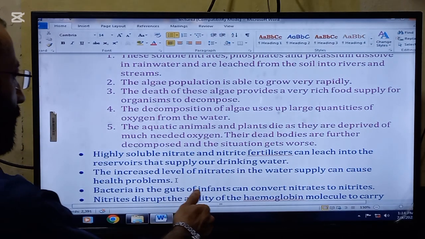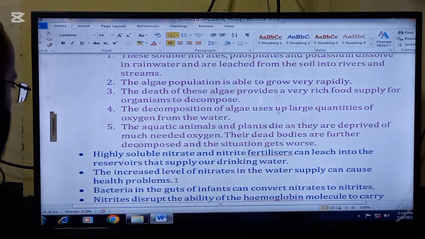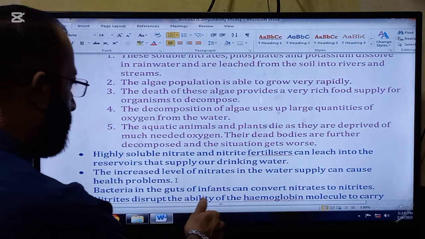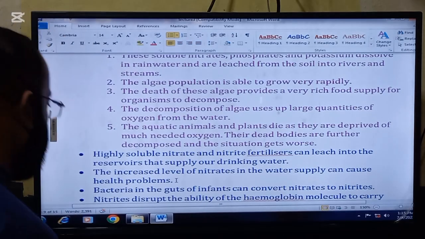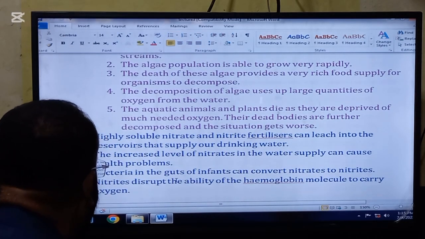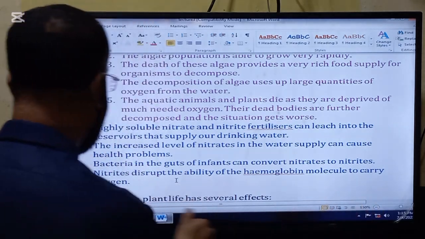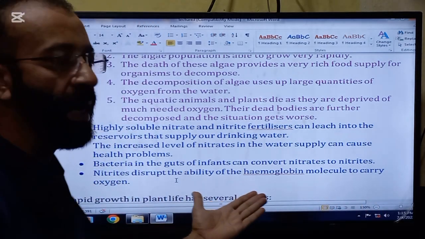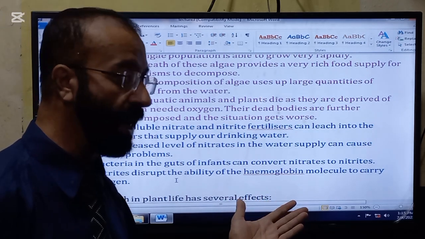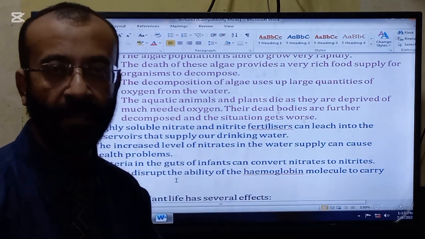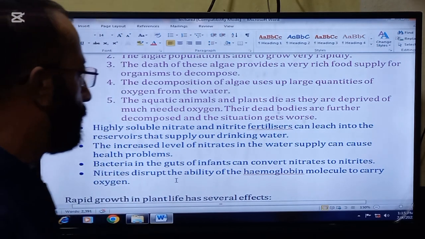The increased level of nitrates in the water supply can cause health problems. Bacteria in the guts of infants can convert nitrates to nitrites. Nitrite disrupts the ability of the hemoglobin molecules to carry oxygen. So this can be very harmful for infants because the nitrite actually affects the ability of the hemoglobin to absorb oxygen.